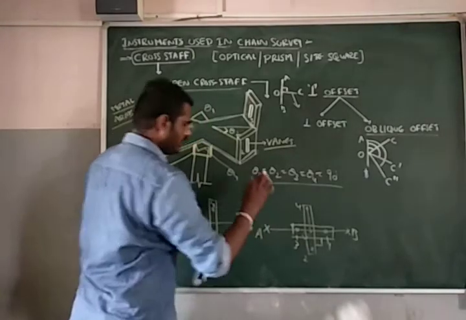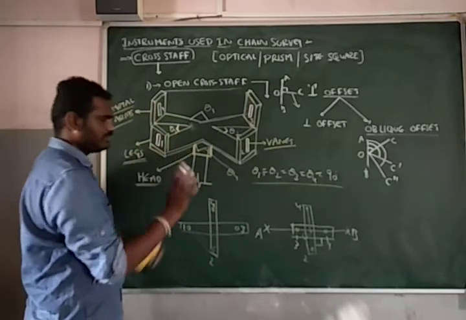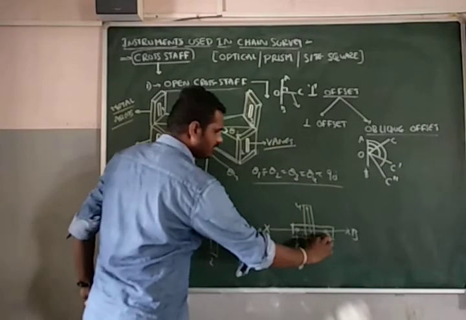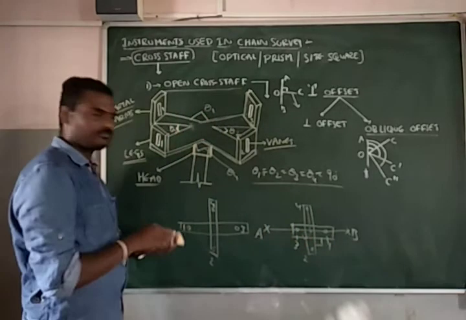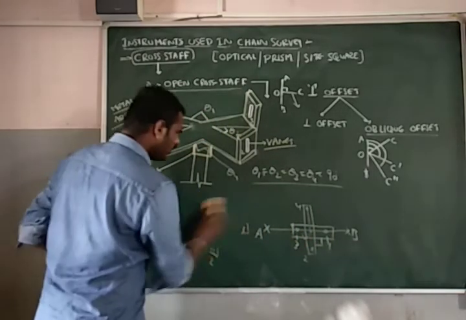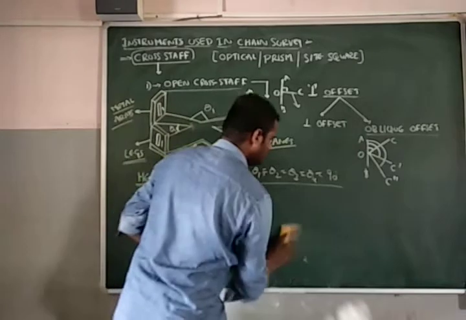So we will be having two different vanes. Two vanes are known as eye vanes and two vanes are known as horse vanes, that will be the object vanes. I will tell you.